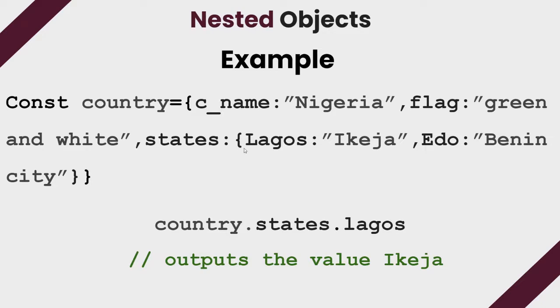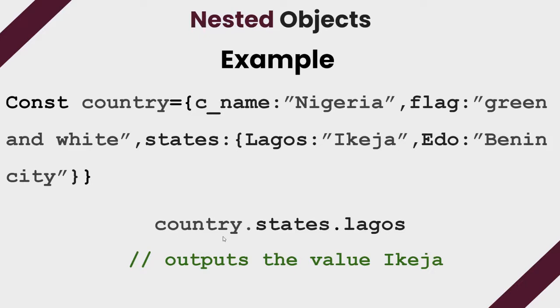So this particular object here is actually a value for this key, which is state. And to reference the values within this object that is within the outermost object, you would need to increase the sequence in terms of the referencing. And you can see that to be done here below.